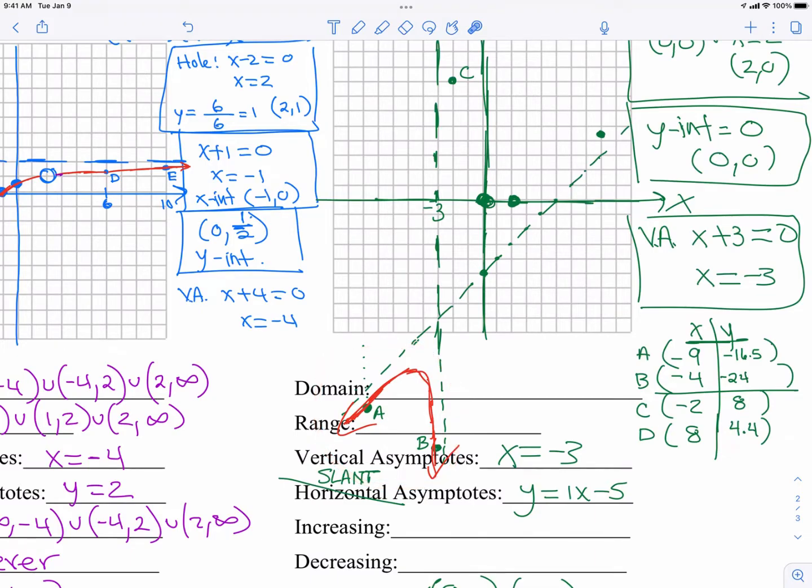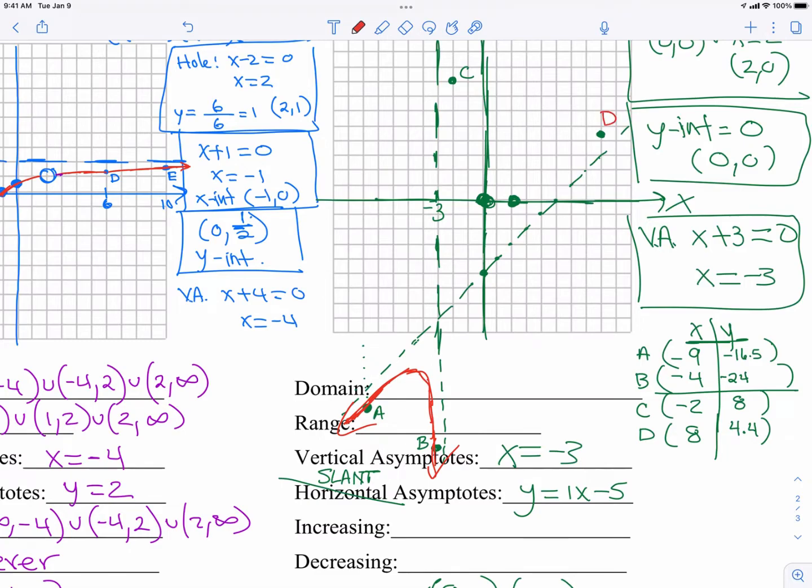All right, now what's happening on the right side of negative 3? So I chose point C, which is at negative 2 comma 8. That's this point up here. And I chose point D, which is at 8 comma 4.4, and that is this point here.